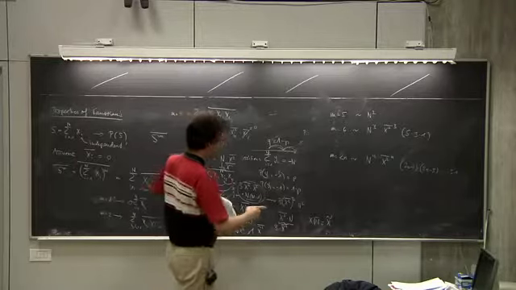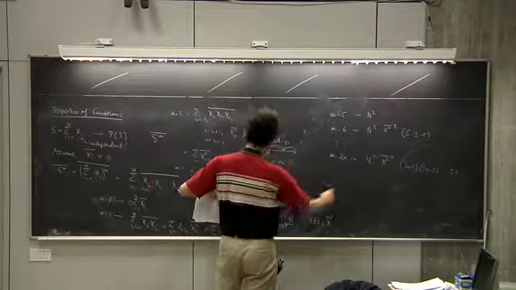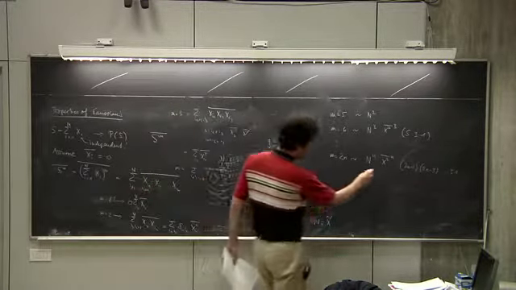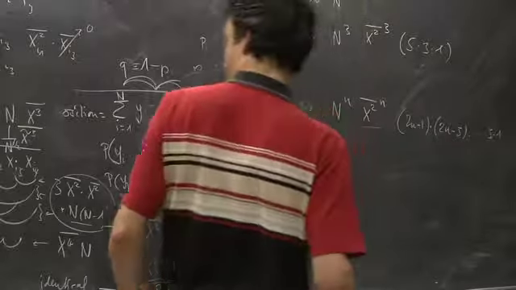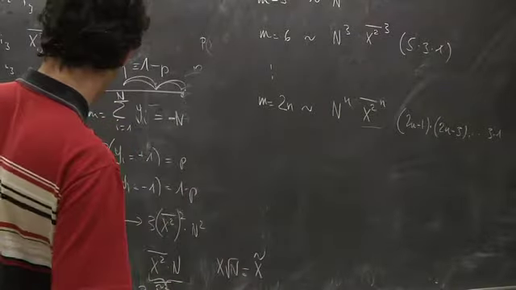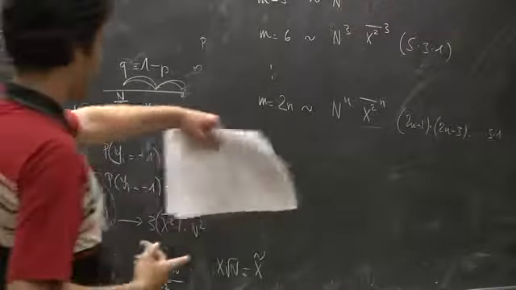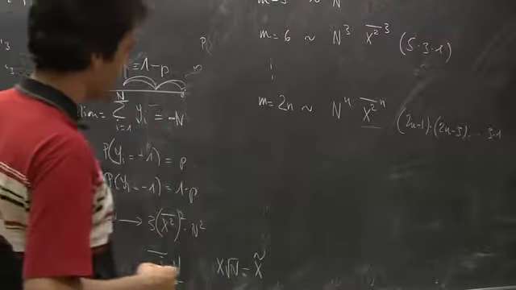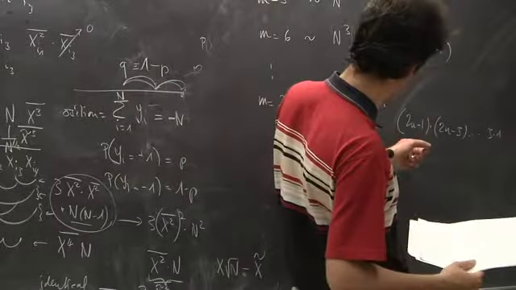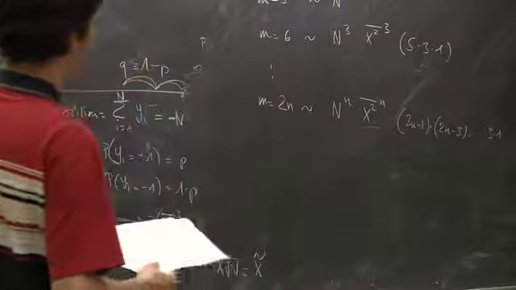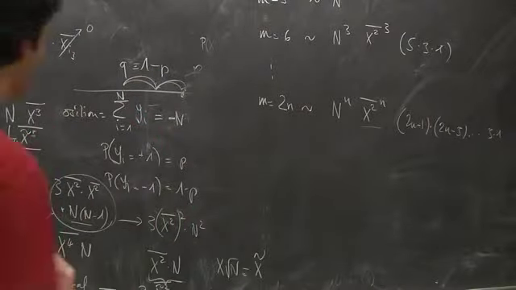Essentially, you have n to the number of pairs choices to make. Each pair gives you an x squared. And then you have to ask how many ways do I have to pair up m variables, no? And the number of pairings is this.